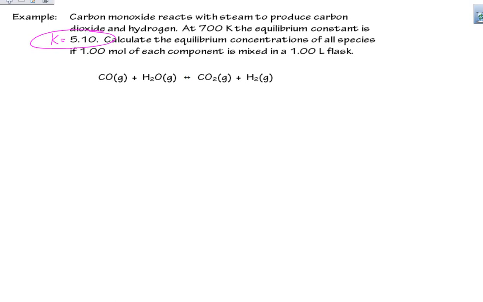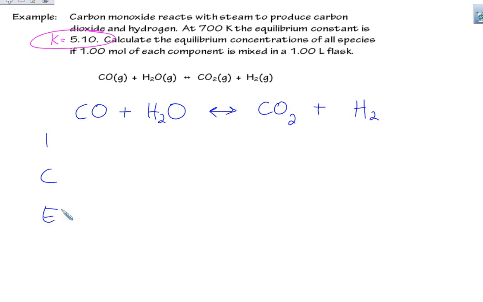Okay, so we've got our equation. Carbon monoxide and water. We've got carbon dioxide and hydrogen. Then we're going to ICE. I stands for initial. Initially, we have 1 mole in a 1 liter flask.